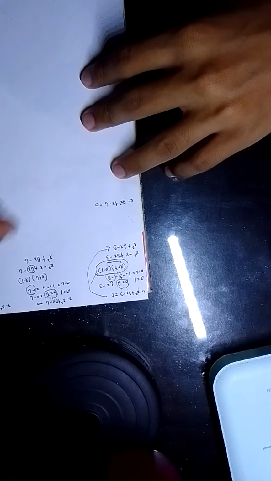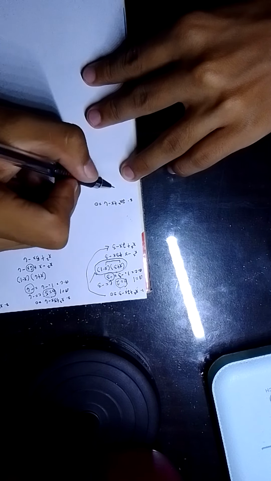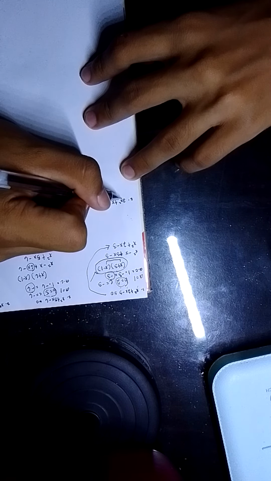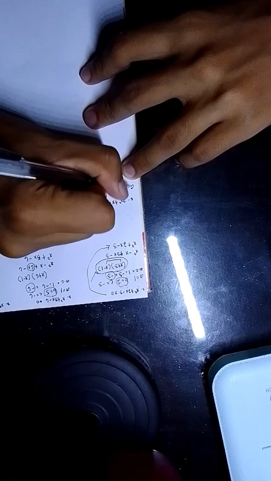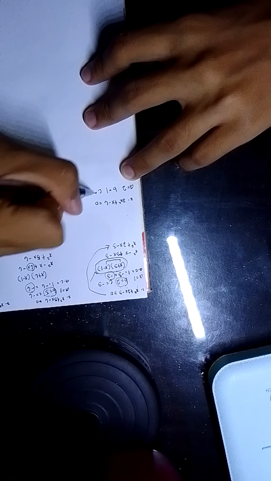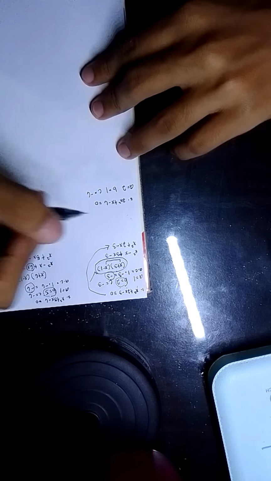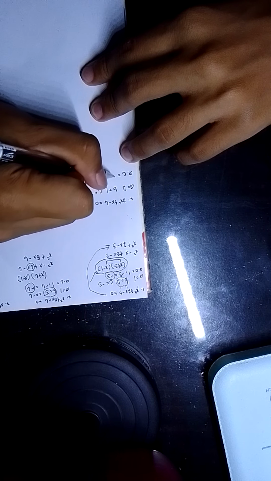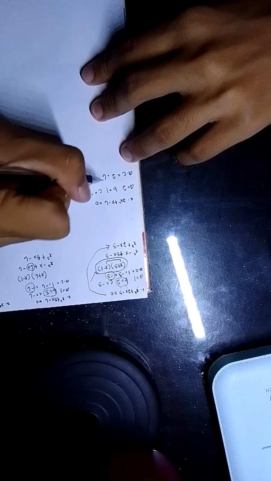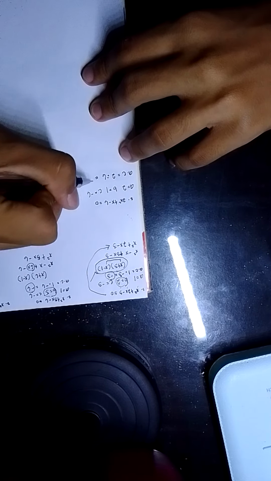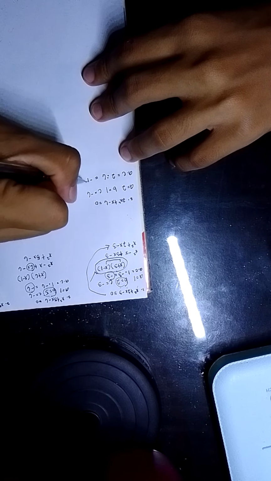For number 5, let's find first our A, B, and C. Our A is 2, our B is 1, and our C equals negative 6. Then A times C, where A is 2 and C is 6, the answer is negative 12.